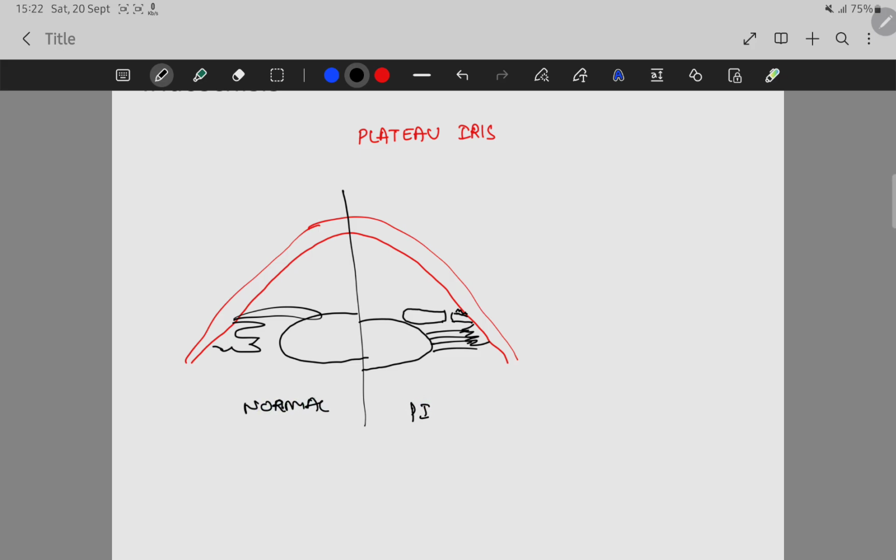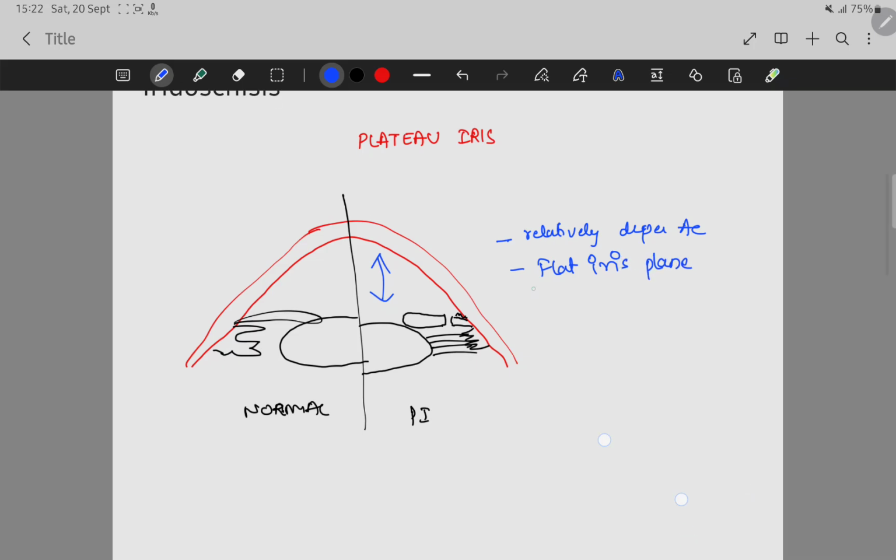This is plateau iris. So what is there here? There is a relatively deeper anterior chamber, the flat iris plane.